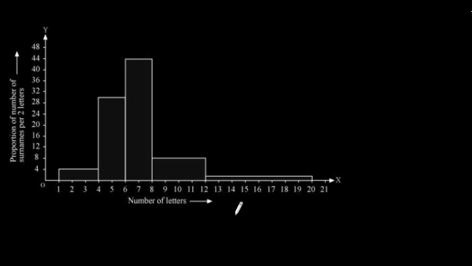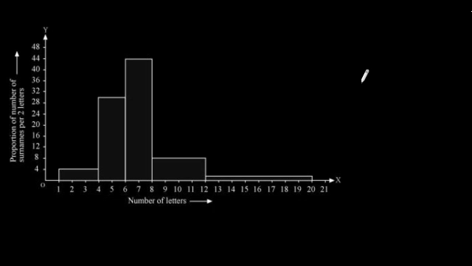This is our new histogram, where the number of letters are on x-axis and proportion of number of surnames per 2 letter interval are on y-axis, and the scale is of 4 surnames for y-axis.